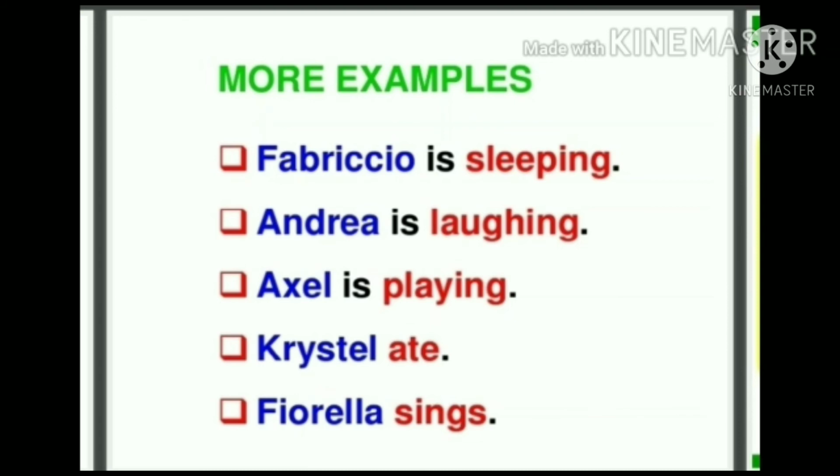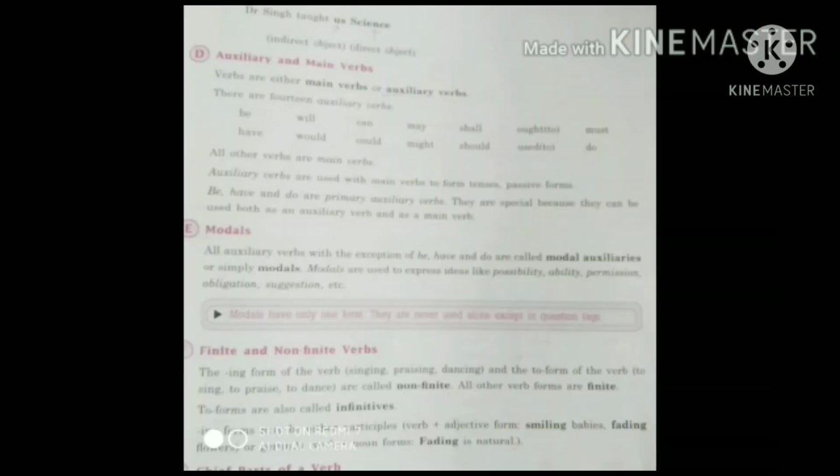So, now I hope you all are familiar with the definition of verbs, direct and indirect objects, and transitive and intransitive verbs. Our next topic is auxiliary and main verbs. Verbs are either main verbs or auxiliary verbs. We have 14 auxiliary verbs, as you can see: be, have, will, would, can, could, may, might, shall, should, ought to, used to, must, do.